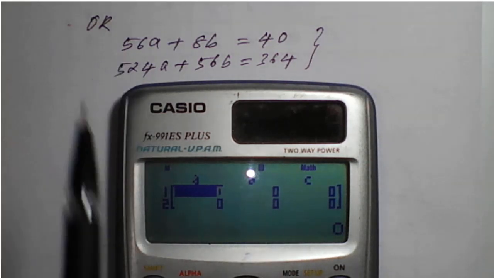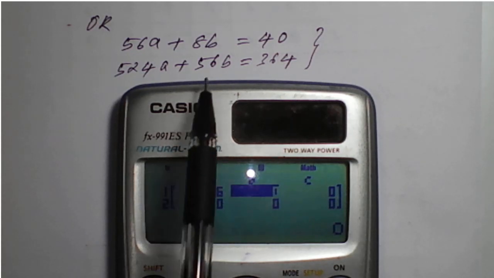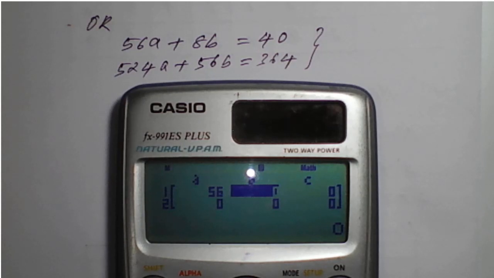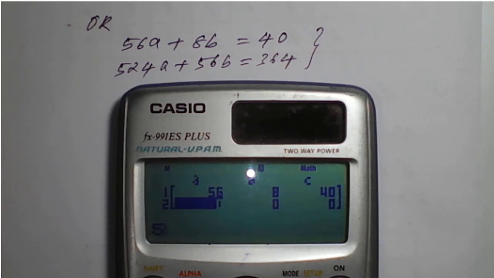The coefficient of a is 56, equal to, then the coefficient of b is 8, equal to, the constant is 40. Next it comes to the second equation: 524, equal to, then the coefficient of b is 56 and the constant value is 364, plus equal to sign.